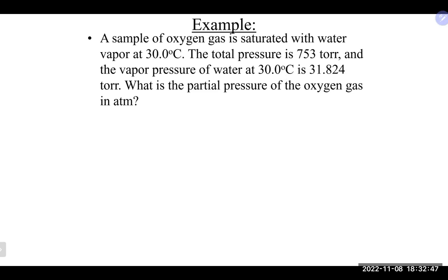So this is definitely what we were just talking about. We collected the gas over water. These are the key words that you typically see in a textbook problem. It mentions something like it was saturated with water vapor, or that you collected it over water, or something to do with water in the collection of your gas.